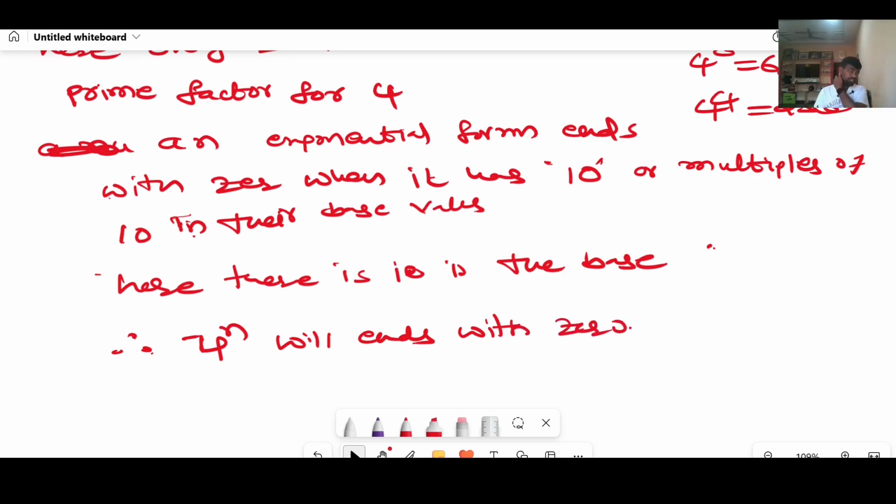This is the explanation. You can go for 10 as 2 into 5, right?